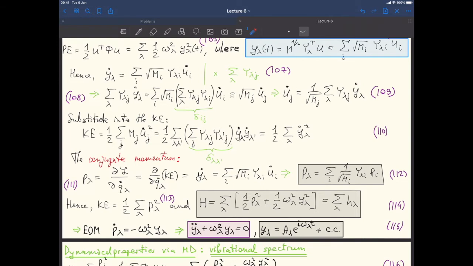So we have just discovered that kinetic energy is the sum of the squares of the velocities, but velocities are the momenta, so it can also be written as the sum of the momenta, and therefore the Hamiltonian of our harmonic system is given by this. So you can recognize in the expression in the brackets a Hamiltonian of a single harmonic oscillator with frequency omega lambda and unit mass.